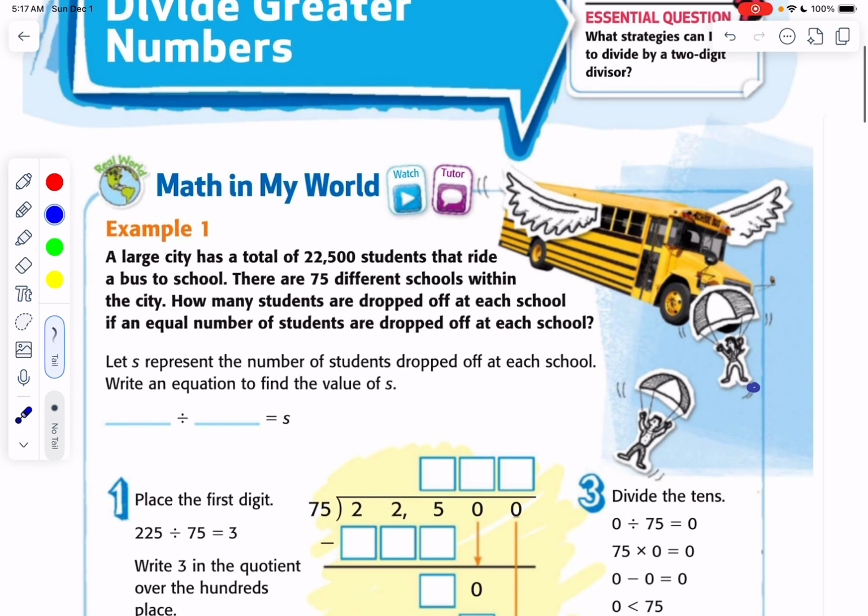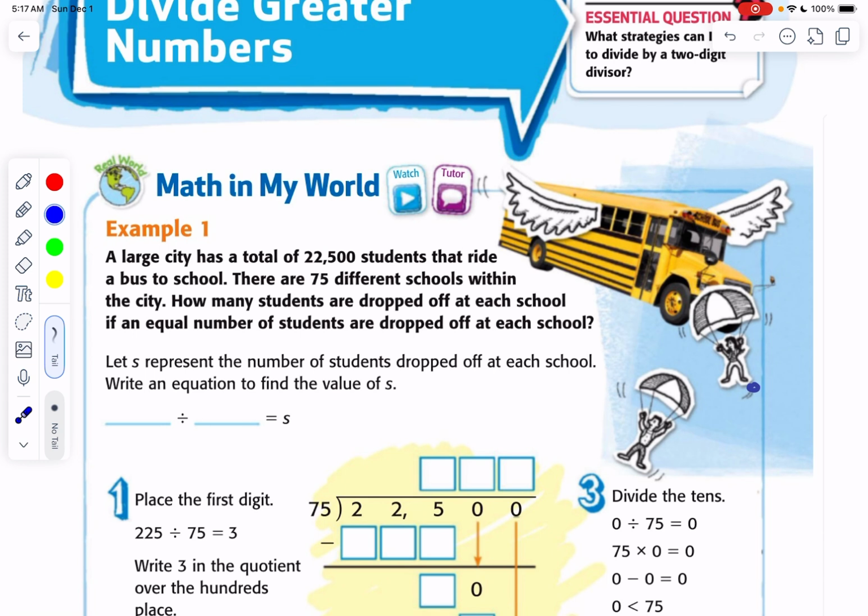Divisor being this number right here or this number right here. Okay, so the number that we're dividing the larger number up into, that is our divisor. And sometimes it can be a little scary when it's two digits instead of one, but that's okay. You guys are ready for it, so let's get started.